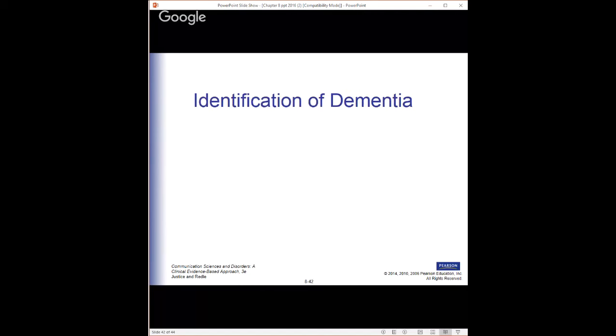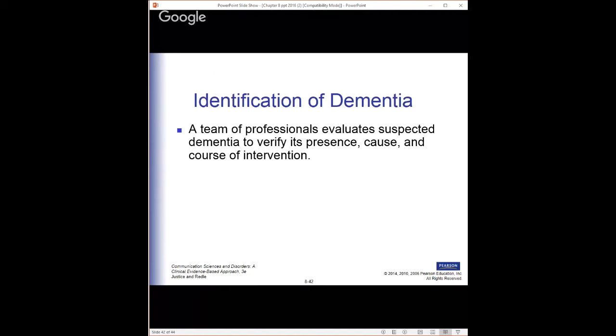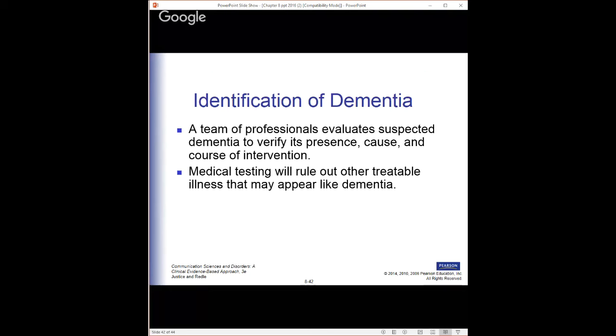So in identification of dementia, of course, we'll have a team of professionals again, evaluating suspected dementia to verify its presence, cause, and course of intervention. Medical testing will rule out other treatable illnesses that may present like dementia.